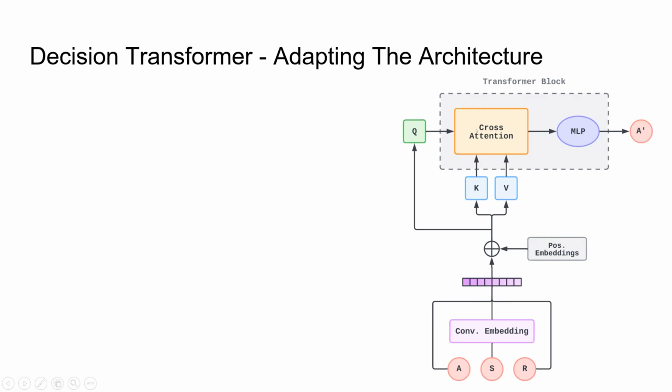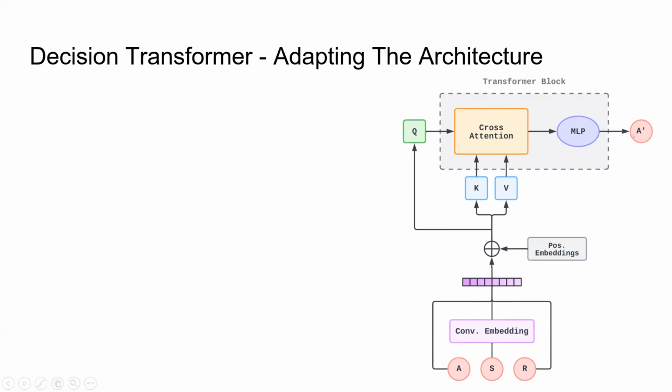We then implemented the cross attention, which computes the attention between these K, Q, and V tokens, and then pass that through a multi-layer perceptron and repeat this transformer block, I think 5 times, which was kind of the standard that they used as their baseline GPT model.